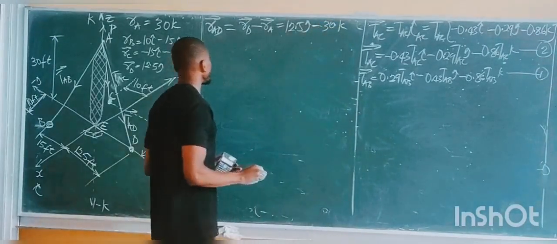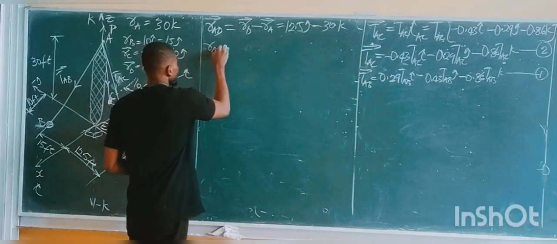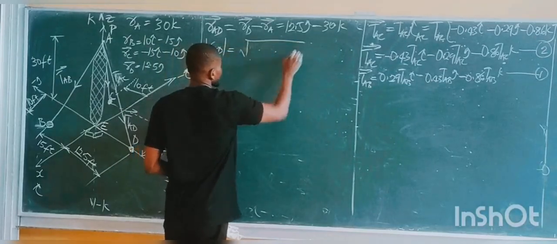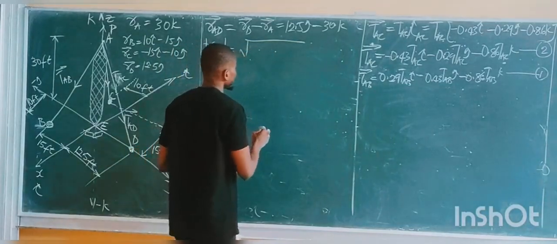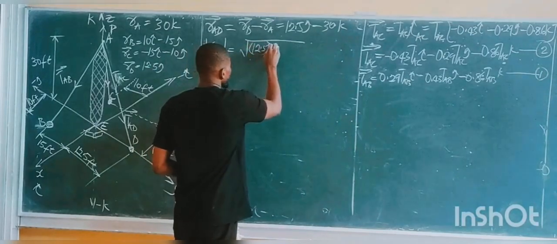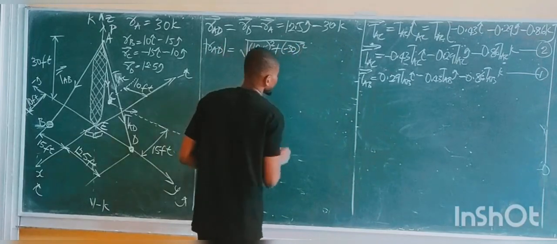So if this is the position vector, next is to find the magnitude of the position vector in cable AD, and that's simply the square root of the sum of the squares of the individual terms. So we have 12.5 all squared plus minus 30 all squared.